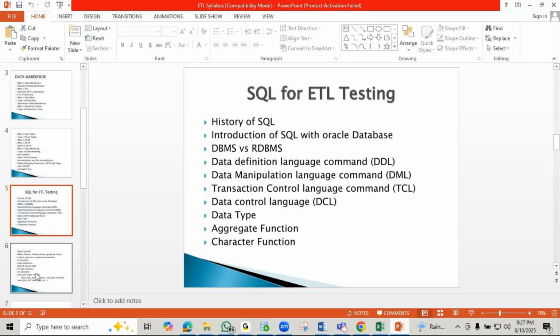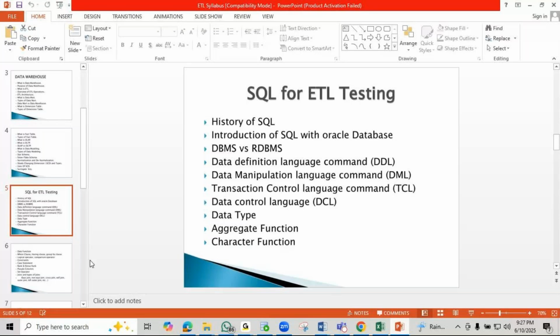I will start from the very beginning, like how to open the software, and it will go till the end, whatever is required for ETL testing. We will cover all the topics: DDL, DML, DCL, TCL, joins, set operators, aggregate functions, character functions, case statement, rank, dense rank, pseudo columns, and so on.